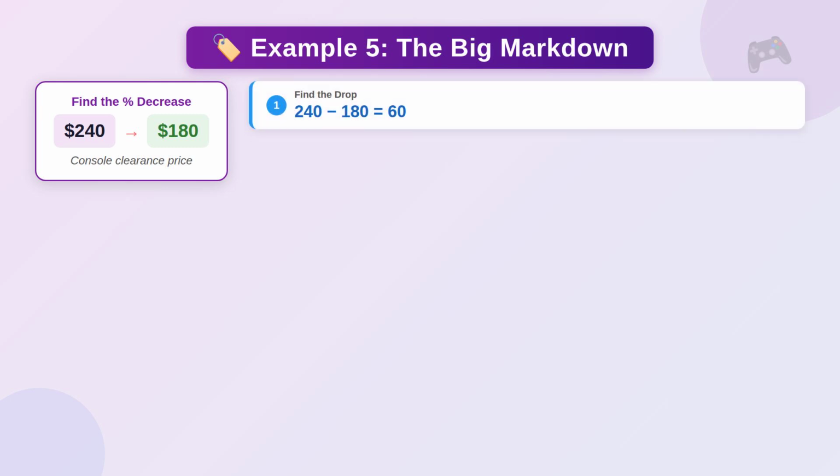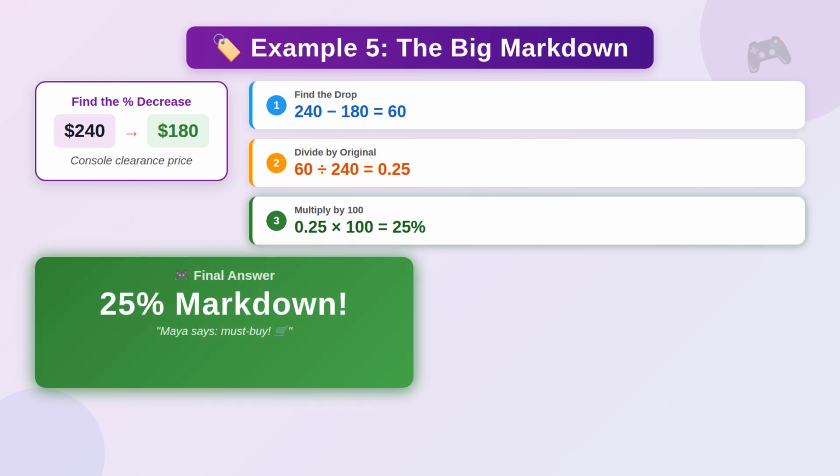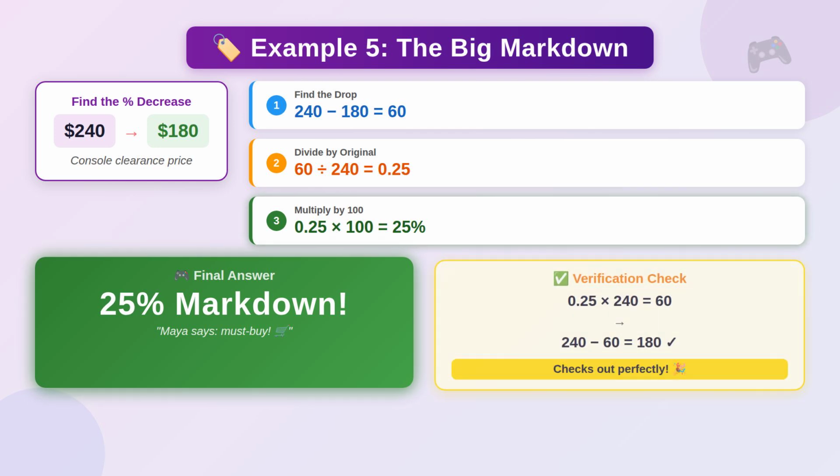One more for extra practice. A video game console was $240 and is now on clearance for $180. What's the percent decrease? Step 1. 240 minus 180 equals 60. The price dropped $60. Step 2. 60 divided by 240 equals 0.25.